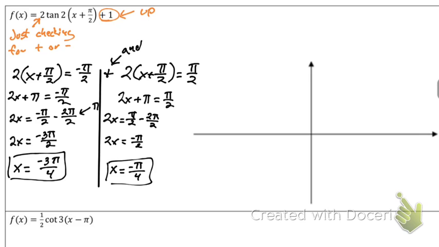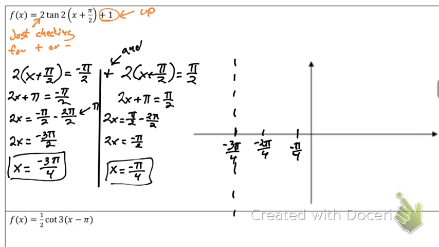All right, so we're going to go ahead and graph this by picking those things. So we have negative pi over 4. Then I would have negative 2 pi over 4. Then I would have negative 3 pi over 4. One of my vertical asymptotes is at negative 3 pi over 4, so we'll put a dashed line there.